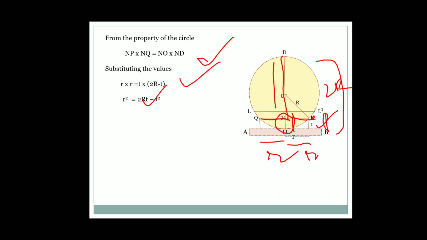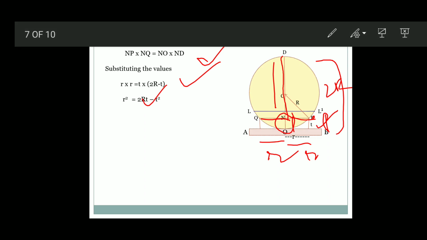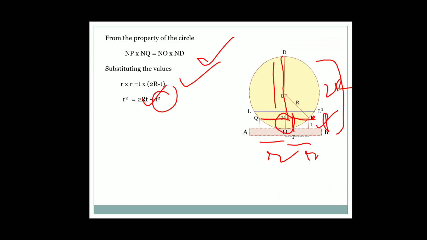After expansion, r squared is equal to 2Rt minus t squared. We know small t is very small in comparison with the capital R, because we have the plano-convex lens whose radius of curvature is very high. So t squared may be negligible, so that r squared is equal to 2Rt. So the thickness of the air film t is equal to r squared by 2R.